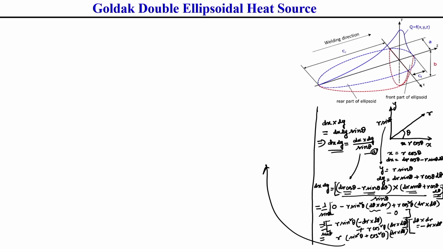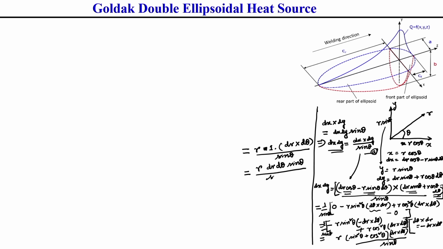So, from here what are we getting? This is equal to r into 1 into dr cross d theta divided by sin theta. This will give us r. Again dr cross d theta we can write as dr d theta sin theta, divided by sin theta.